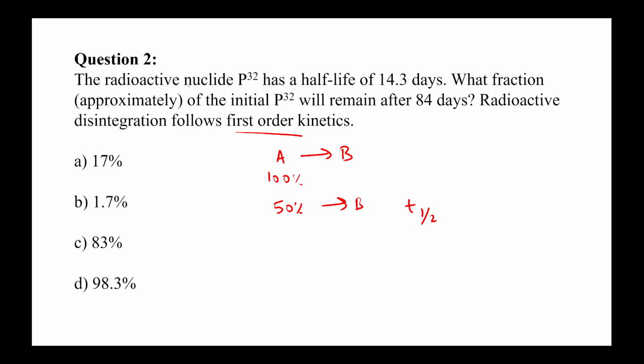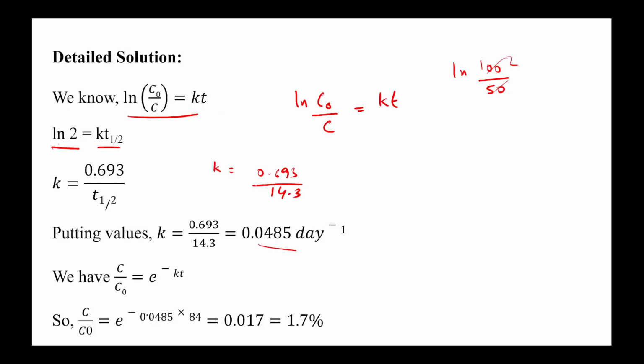For that, basically, we have to see the ratio of C by C0. Now here we have the value of K, we have the value of T. T is 84 days. C by C0 we have to calculate, so you can easily calculate it.